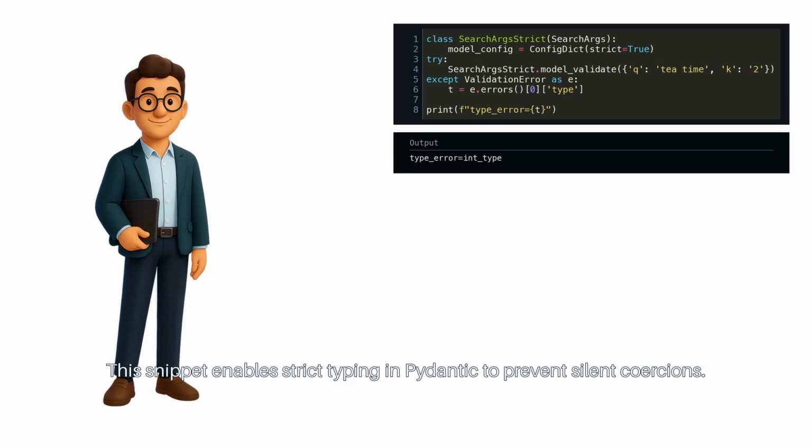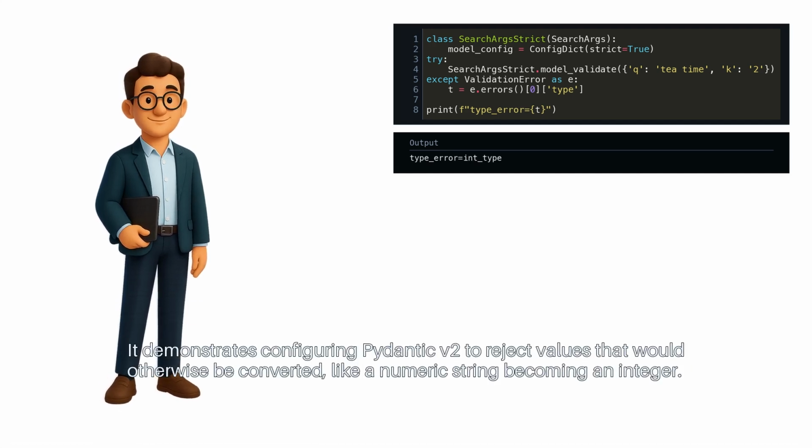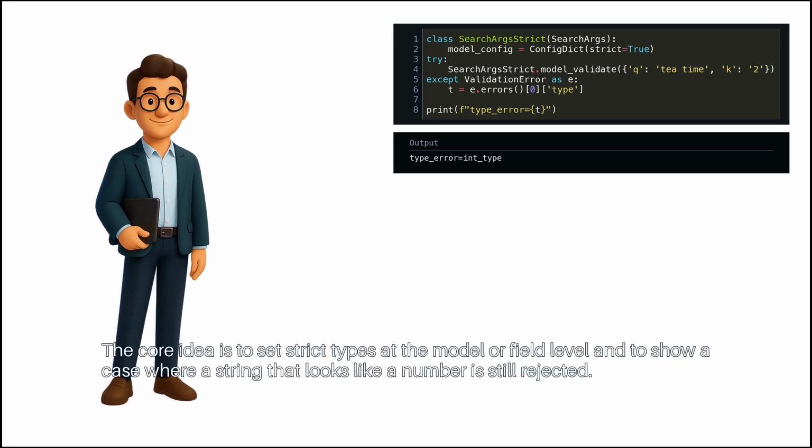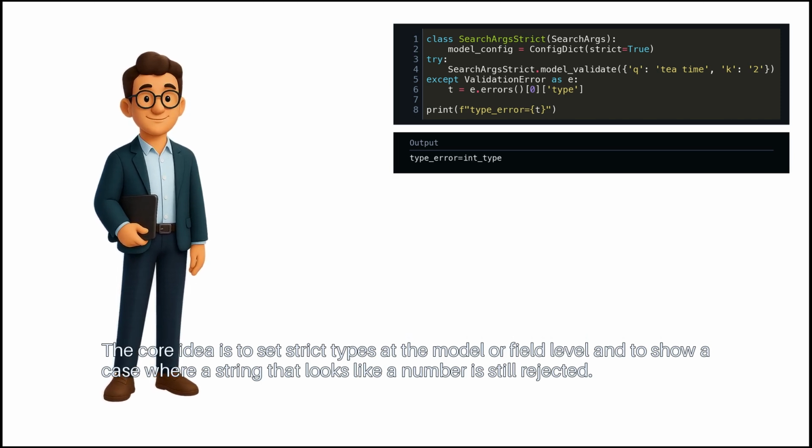Next, we will lock down types so nothing gets coerced unexpectedly. This snippet enables strict typing in Pydantic to prevent silent coercions. It demonstrates configuring Pydantic v2 to reject values that would otherwise be converted, like a numeric string becoming an integer. The core idea is to set strict types at the model or field level, and to show a case where a string that looks like a number is still rejected.